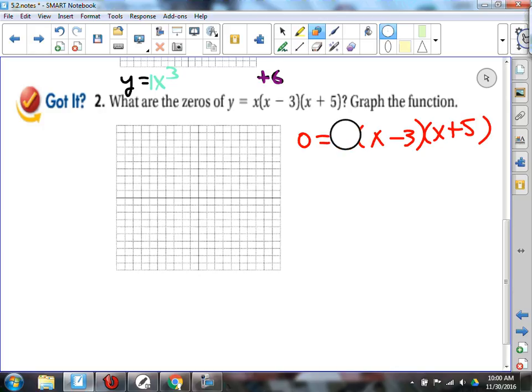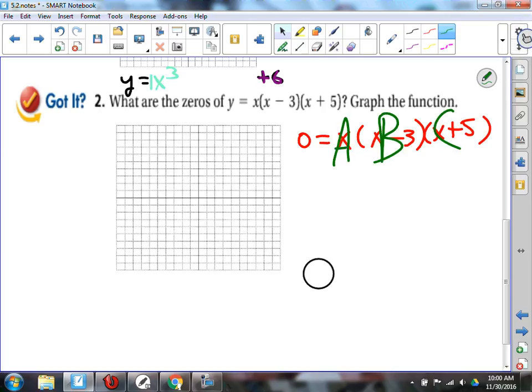Well, I've got news for you. The zero product property says if a times b times c equals 0, then either a equals 0, or b equals 0, or c equals 0. So what I mean by that is we are going to have 3 x-intercepts.